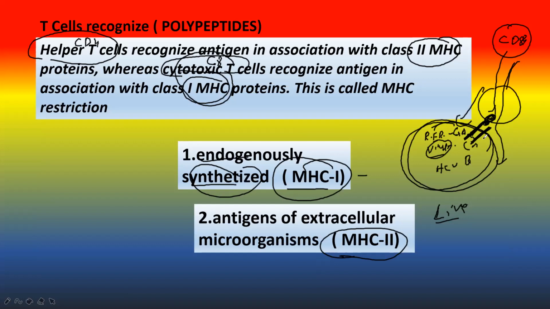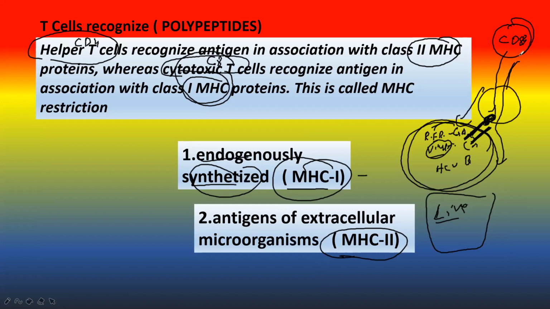So when the cell has a virus, that virus is taken up by MHC1, and then MHC1 comes out. The neighboring cell does not have any virus, but this cell has a virus. This cell produces MHC1 and takes the antigen outside.